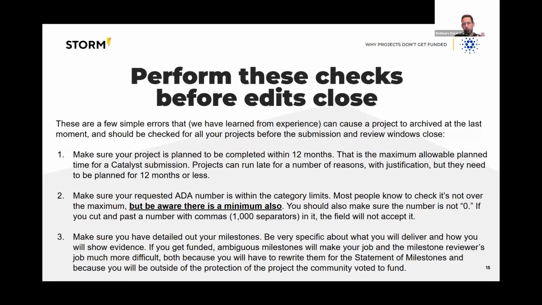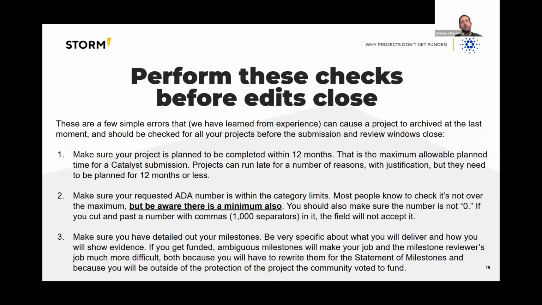Remember, there's usually multiple funding rounds per year, except for that Fund 10 situation. So think of your planning. If you've got a 12-month execution, you know that somewhere in there, if you need to make adjustments or add scope that wasn't in the original project, again, you can't have duplication, you can't get paid twice for the same work. But if you need to add scope, there should be an opportunity to do that later.